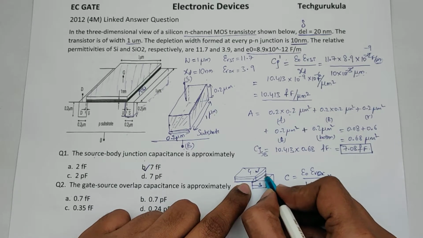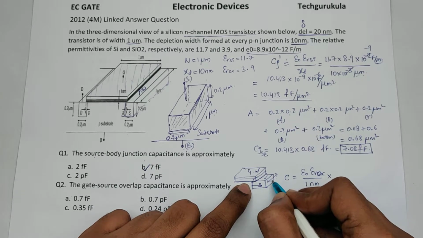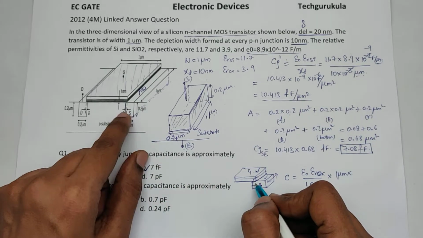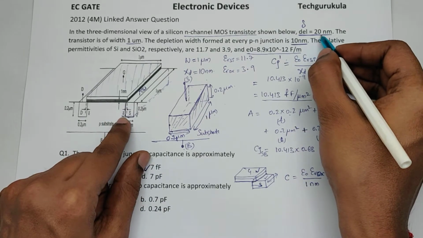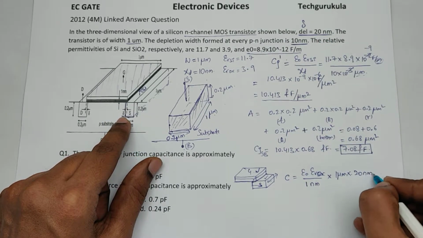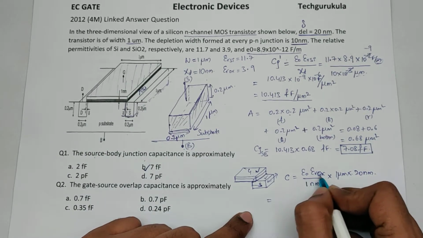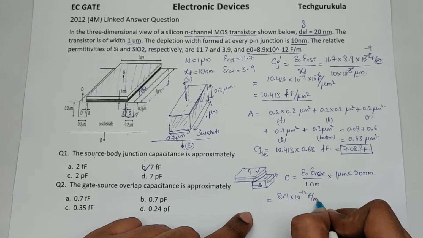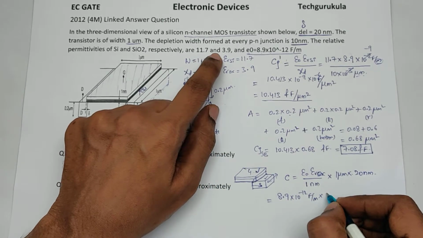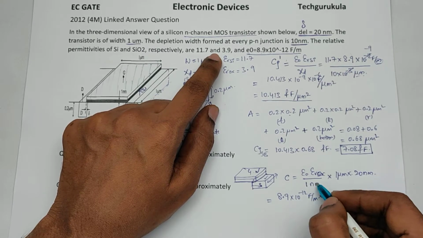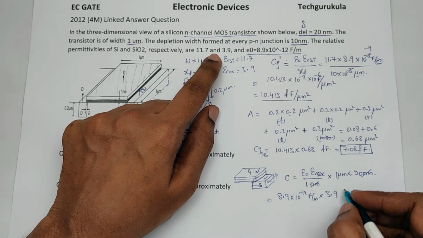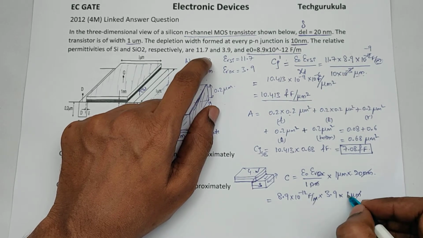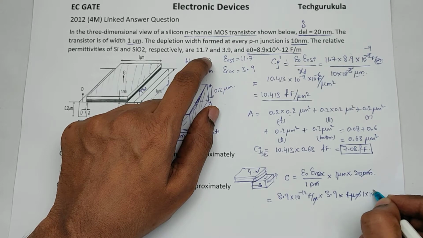If you see the area overlap here, this width is 1 micrometers times the overlap is del, which is 20 nanometers. So let's write this 20 nanometers. Now if we substitute the values of epsilon naught and epsilon r, 8.9 times 10 power minus 12 farad per meter times epsilon r of oxide is 3.9, and nanometers cancel, we have times 1 micrometer. Meters cancel, so micro I'll write it as 1 times 10 power minus 6.